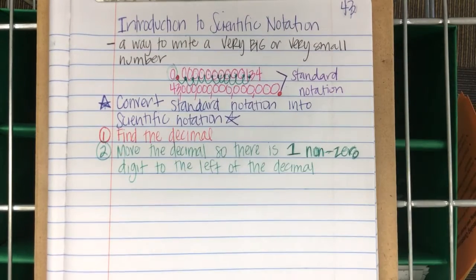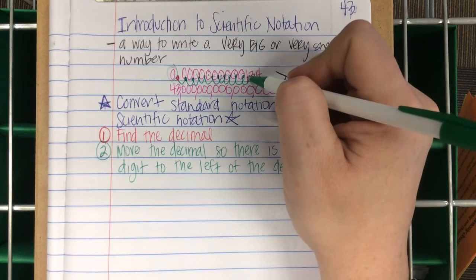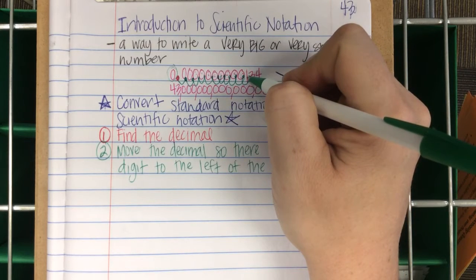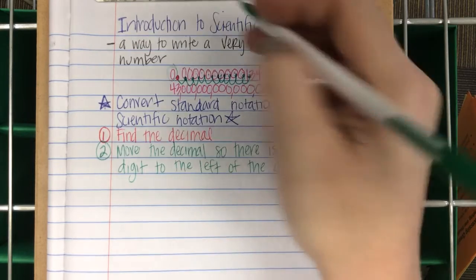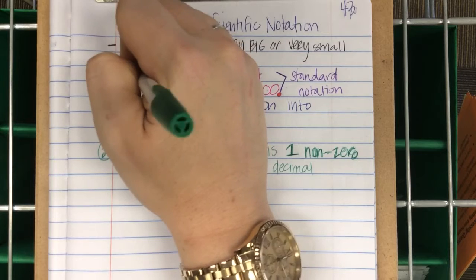And I stop right there, because my non-zero digit to the left is the number 1. So my new problem is now 1.34.